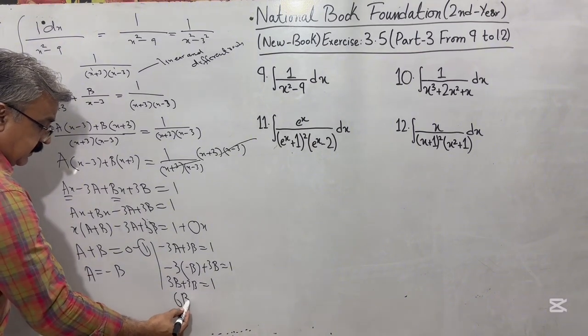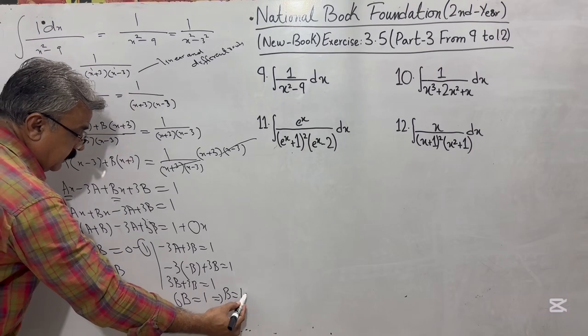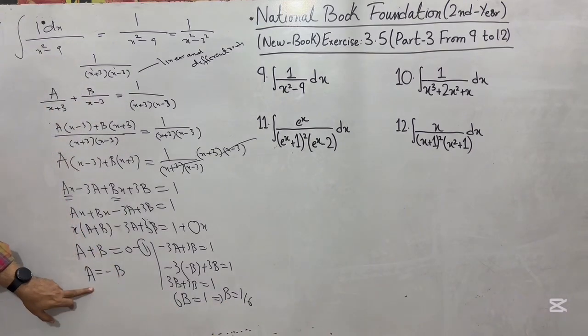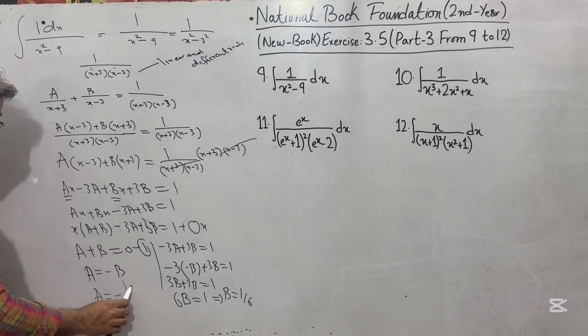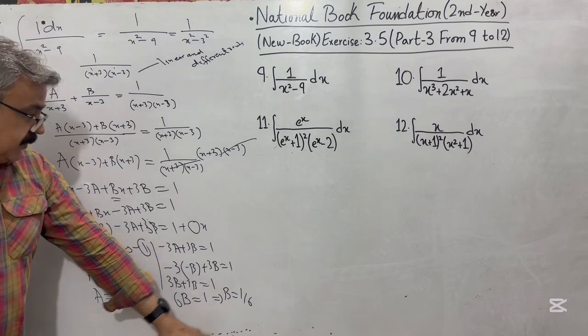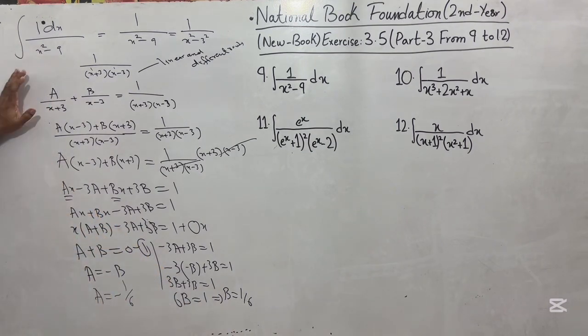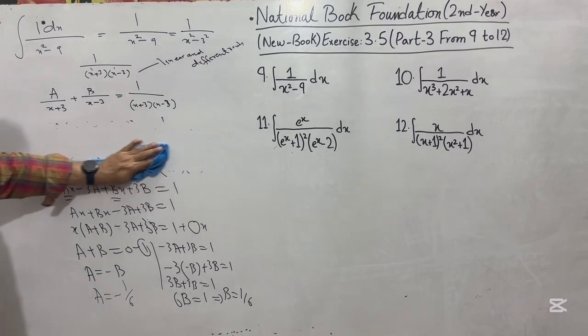We have 6b is equal to 1, this implies that b is equal to 1 upon 6. Put the value of b here, so a is minus 1 over 6 and b is positive 1 over 6. Introduce these here and integrate, it's our answer. A simple enough question, a simple case of linear and different roots.